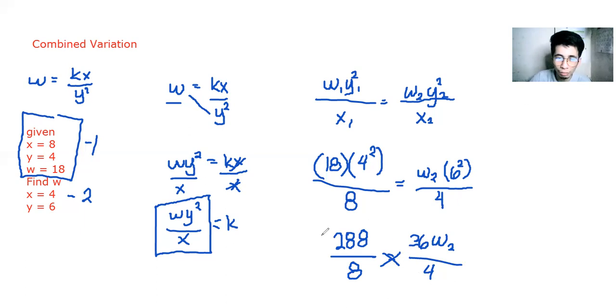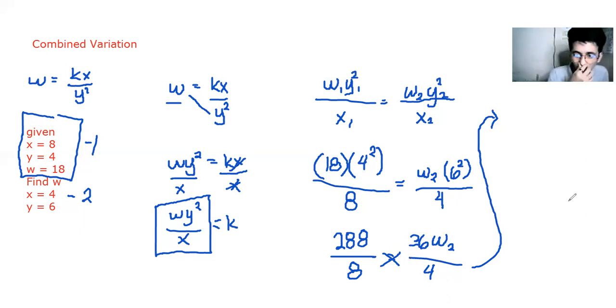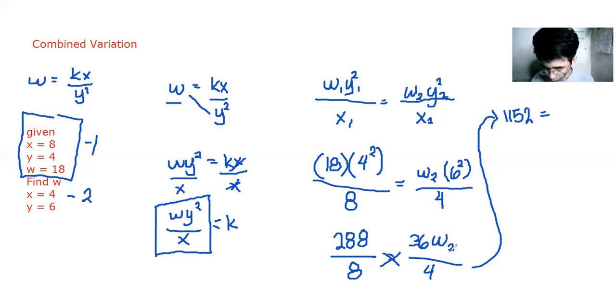Kasi dito natin siya i-multiply, diba? What is 288 times 4? 1,152. Then, equals natin 8 times 36 W sub 2.